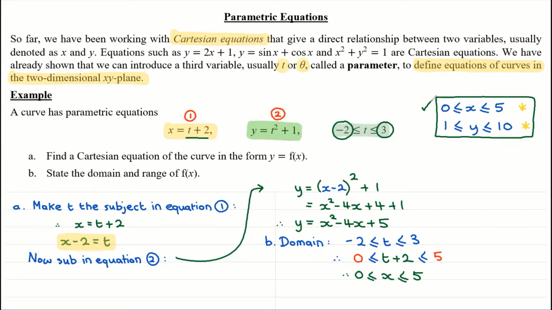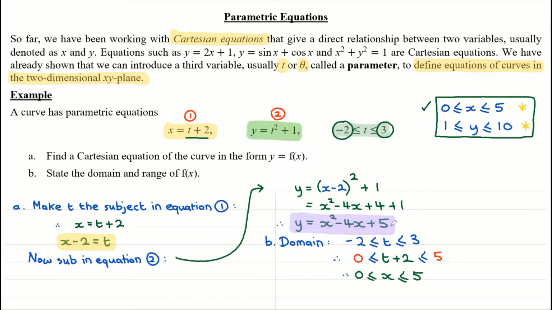a good idea, if you don't have that information at hand, is to make a sketch of your y parameter, your y equation, in Cartesian form. If you've got the Cartesian form, you can just read off what the range is from your sketch.